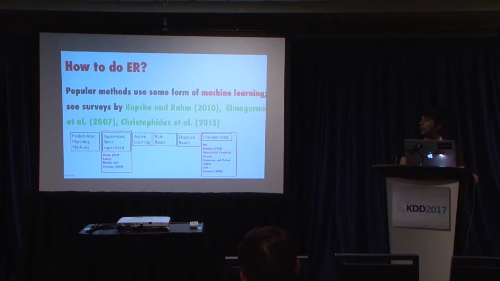Lots of techniques have been proposed over 50 years, actually. And the ones that dominate now, like in so many other problems, are really some form of machine learning. So I've listed 3 surveys, which cover the problem from slightly different perspectives. The third one, by Christopher, is a synthesis lecture series.